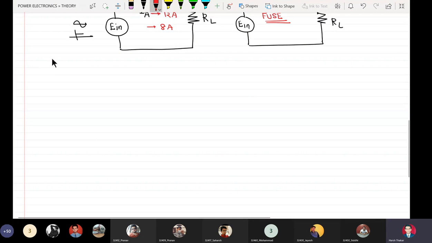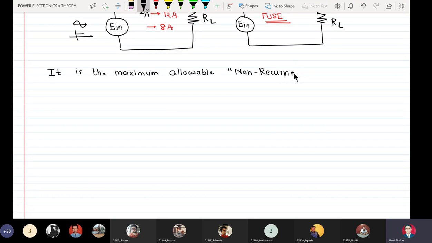I square T rating is defined in this way. It is the maximum allowable non-recurring value of the square of instantaneous current integrated with respect to time.